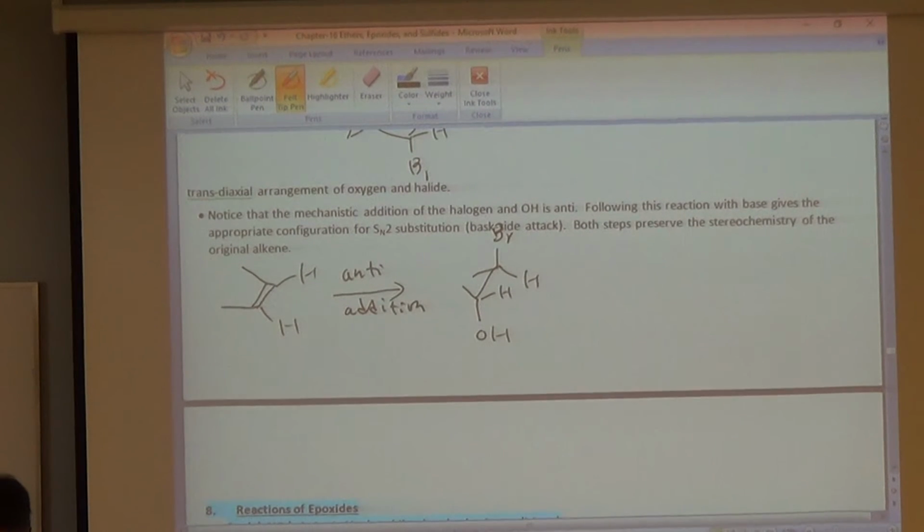And what you can see will produce, so that's it. This was the inversion of configuration. And obviously we use some of those bases.